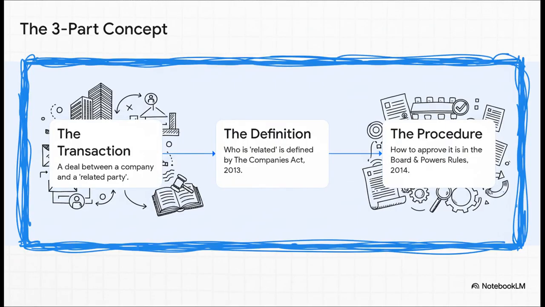First, it's a deal between a company and a related party. Now, that could be anyone from a director, a top executive, a major shareholder, or even their close relatives and other companies they might control. Second, the Companies Act of 2013 is what officially defines who actually counts as a related party. And third, the Board and Powers rules of 2014 spell out the exact procedures and approvals needed for these deals to be legit. See? It all just clicks together.